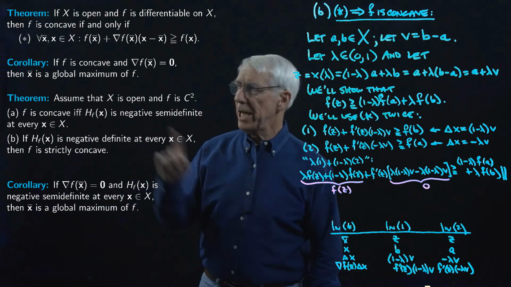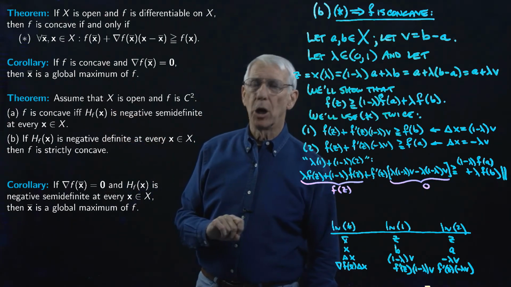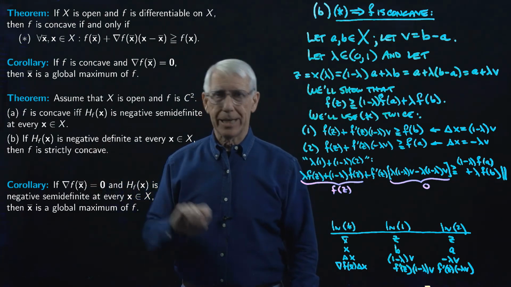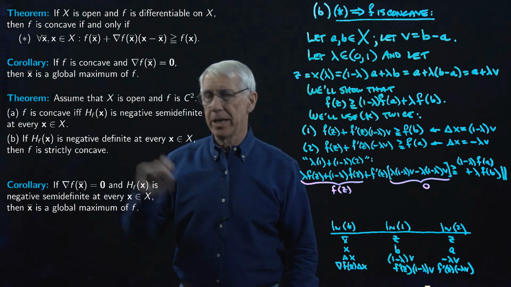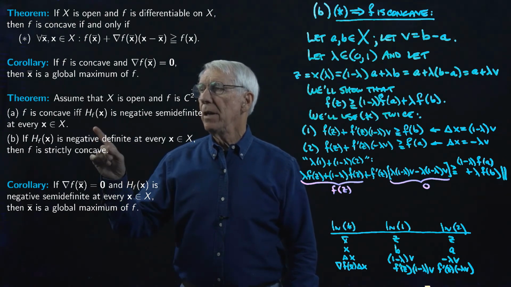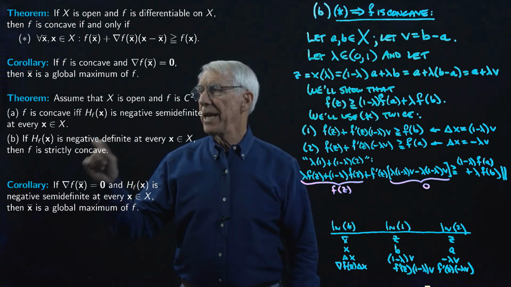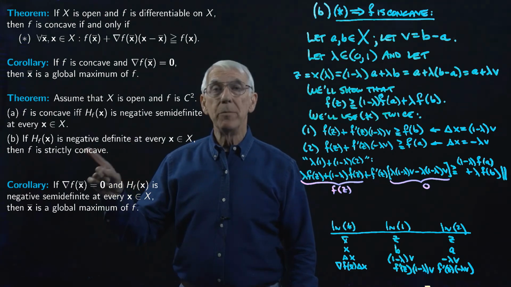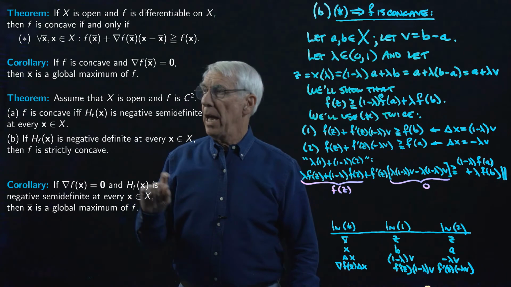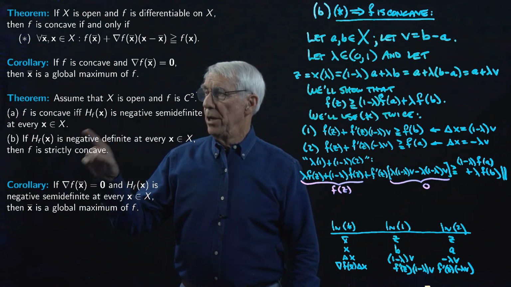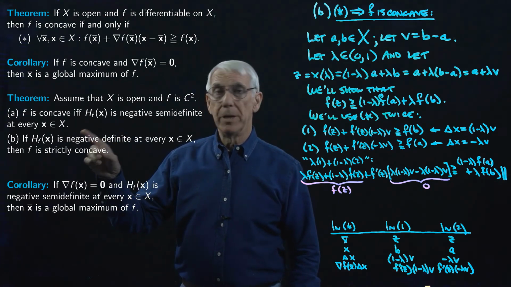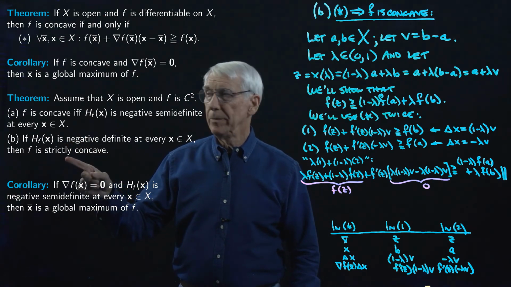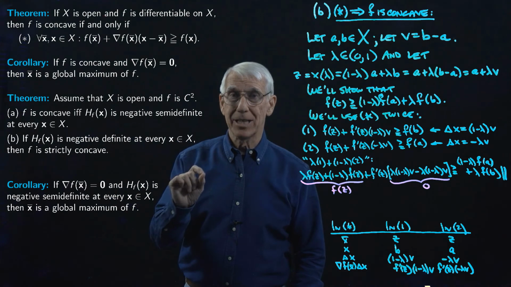So now let's close out by coming back to the theorem and looking at the B part. The B part of the theorem is actually not a characterization, because you'll notice it's not if and only if. It says if the Hessian matrix is negative definite at every point in the domain, then f will be strictly concave. And so that would imply that if we have a global maximum, it will be a unique maximum.